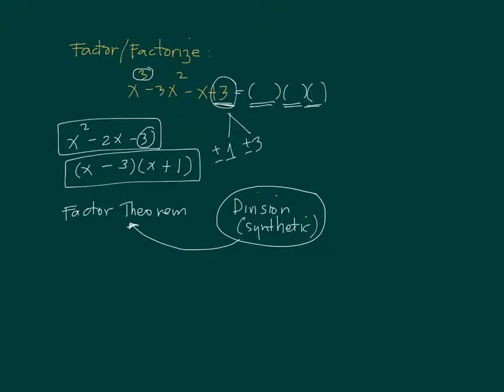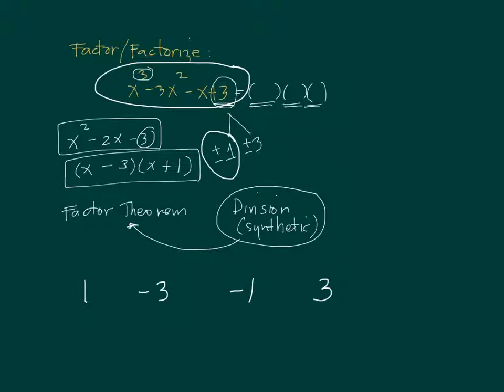To perform the synthetic division, we get the coefficients. So we have 1, negative 3, negative 1, and 3 coming from this polynomial. And then we have to test positive 1, negative 1, positive and negative 3. Let's start with 1.